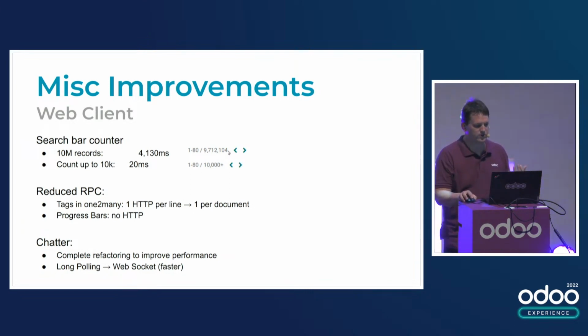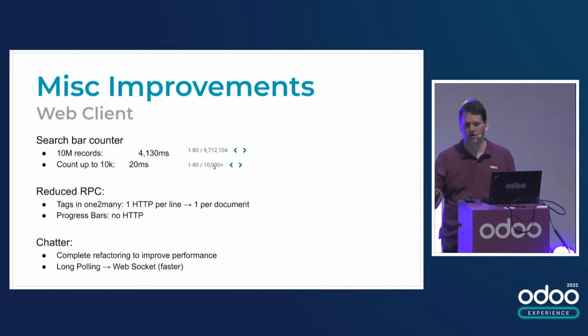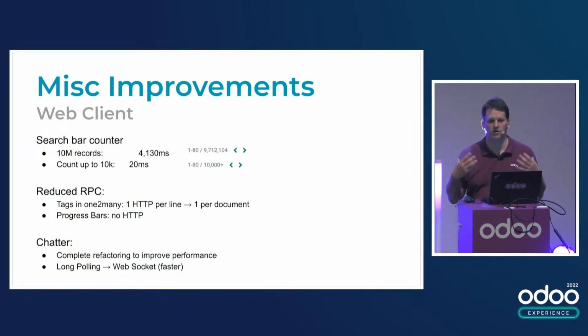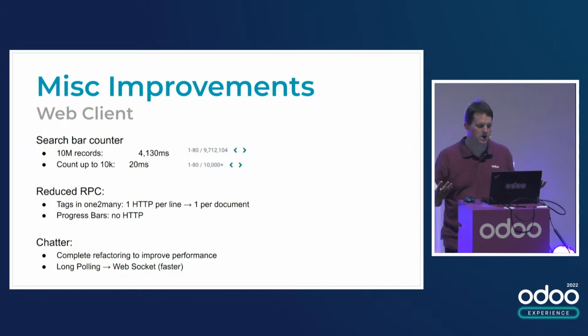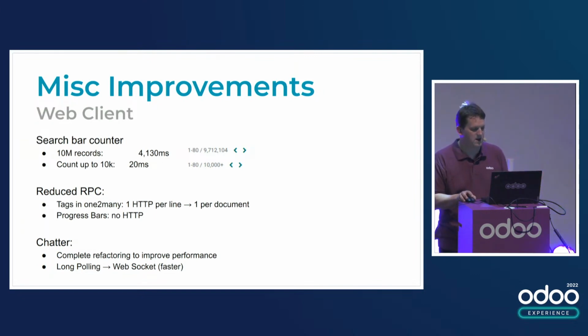In the new version of Odoo, we count up to 10,000, and if you have more than 10,000 records, you get 10,000 plus. Instead of taking 4 seconds to compute, it's 20 milliseconds. If you want, you can still click on the 10,000 plus and you get the real number. So you still have access to the information, but only if you need it, because most of the time, you don't care that there are 9,000 something CRM opportunities or contacts. What you care about is that it takes 20 milliseconds rather than 4 seconds.